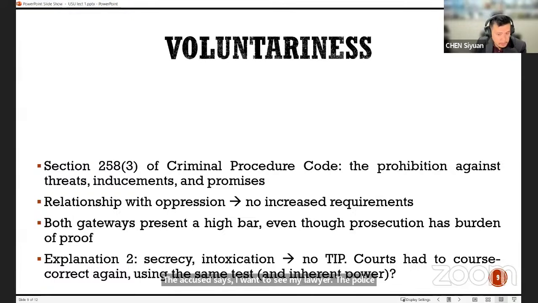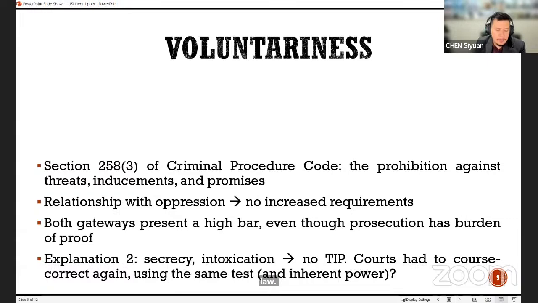And that is a misrepresentation of the law, right? Because it's not that the person doesn't have a right to a lawyer. It's more the case that the person doesn't have immediate access to the lawyer. The lawyer may come days or weeks later, but you can access your lawyer eventually. So the Criminal Procedure Code clarifies that misleading the accused on the law is not a problem.